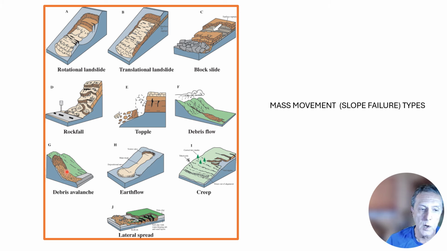Debris avalanche is similar, and earth flow is a more slowly moving slope failure, where you have a depression or subsidence near the top, making what we call a scarp or a cliff, as you see here. And then the rest of the mass, as you go down slope, will get wetter and more saturated.